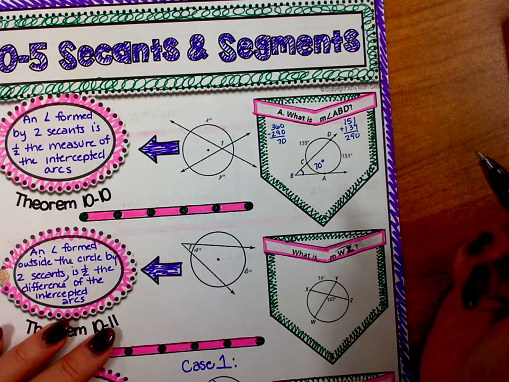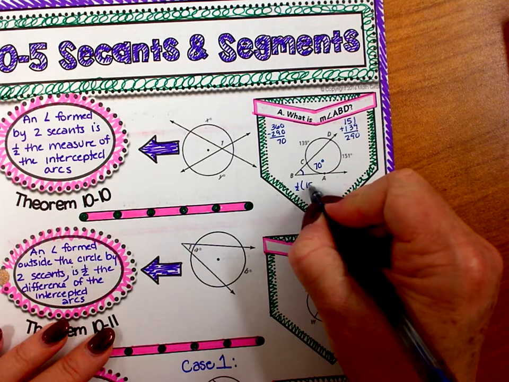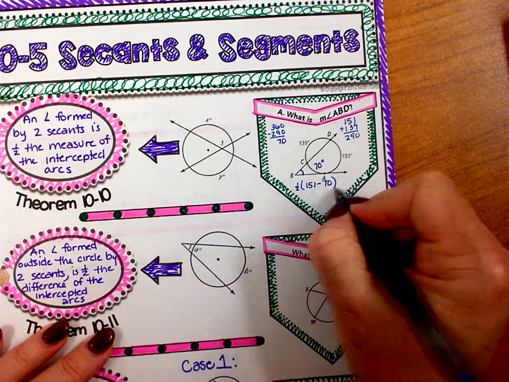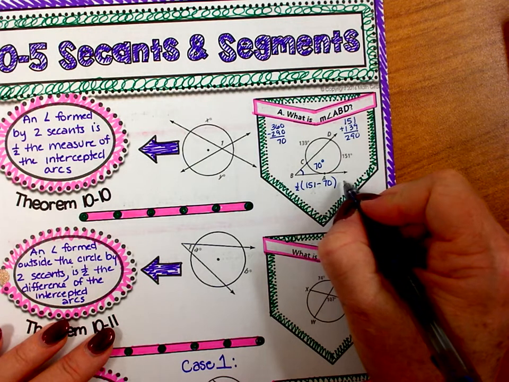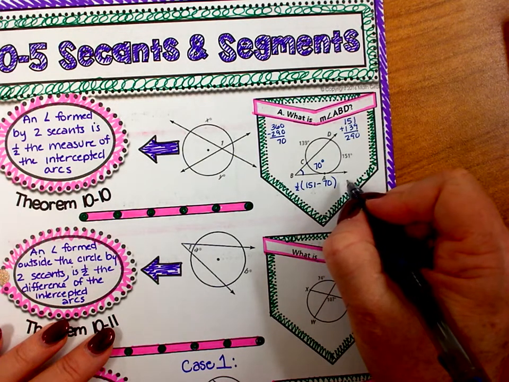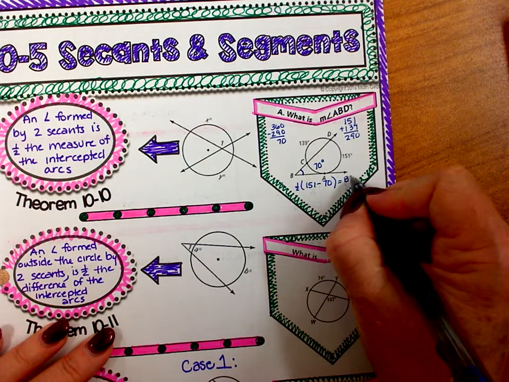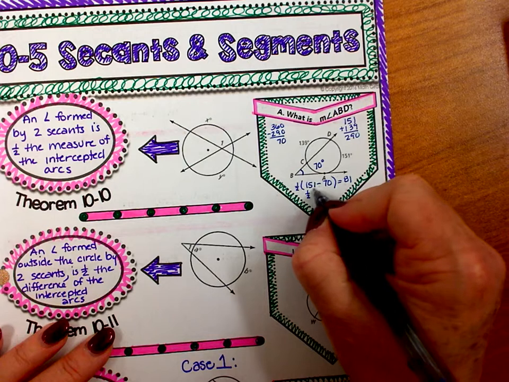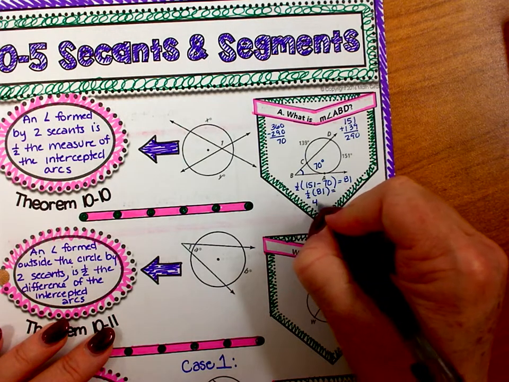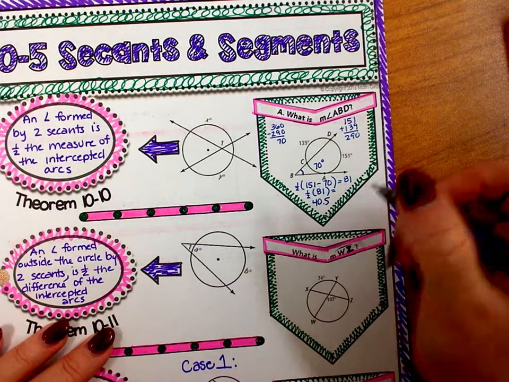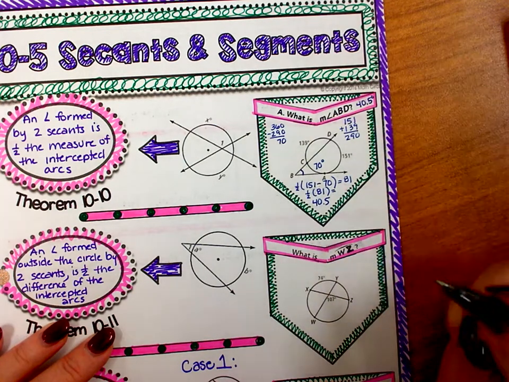So we want 1/2 of 151 minus 70, and 151 minus 70 is 81. And 1/2 of 81 is 40.5. So the measure of ABD is 40.5 degrees.